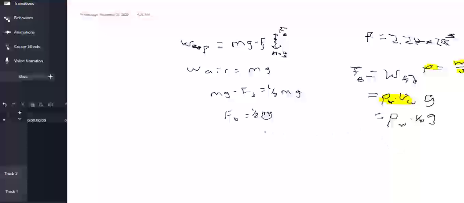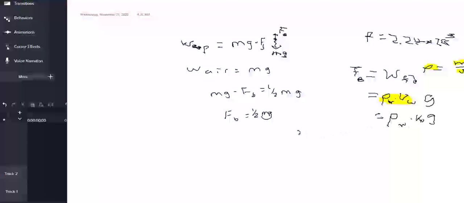Okay, so we know that the buoyant force equals 1/2 mg. We also know that the buoyant force equals the density of water times the volume of water times g.